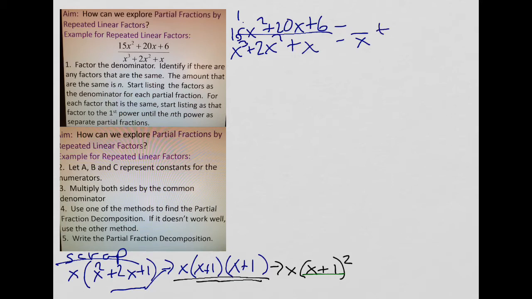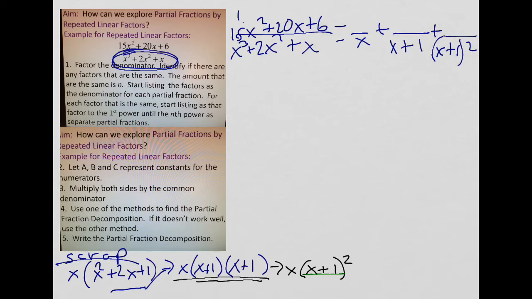But for the quantity of x plus 1, we need to establish that it is to the first power because it can evenly divide into our denominator here just as much as x could. And x plus 1 squared can evenly divide into our denominator, leaving us with x, by the way. And that's why we list these as we do, okay?